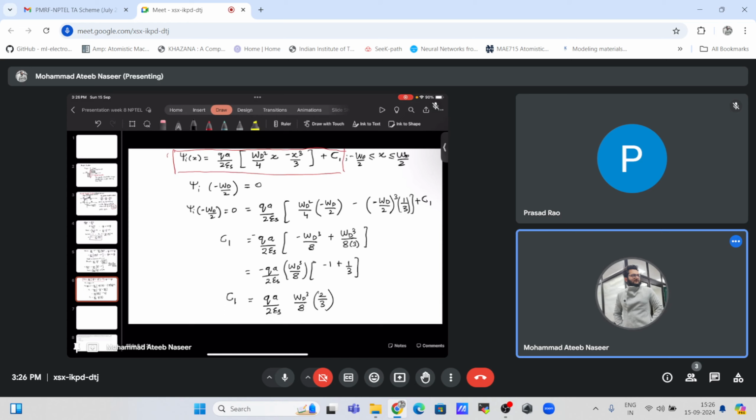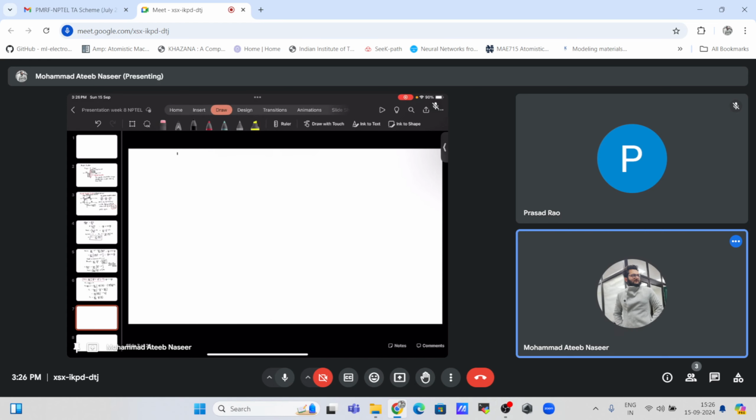So psi of x will simply be qA by 2 epsilon s, (WD by 2) whole square times x minus x cube by 3, plus C1.